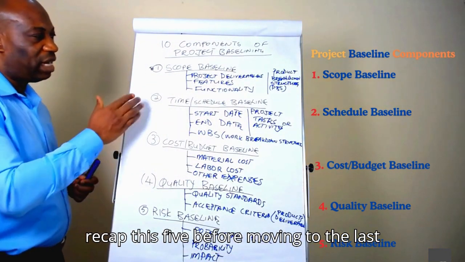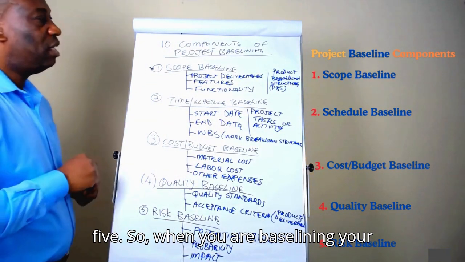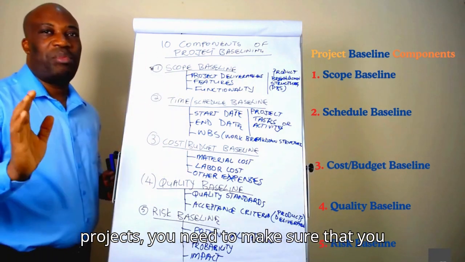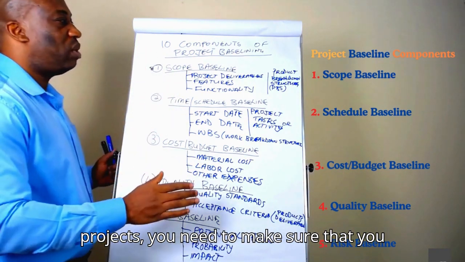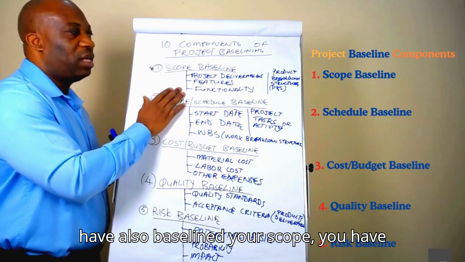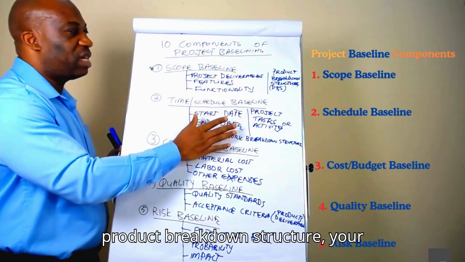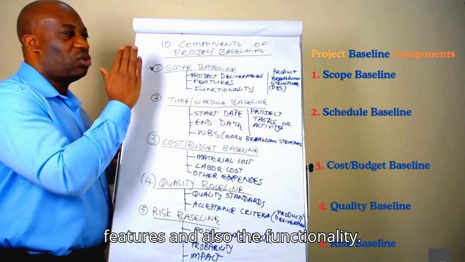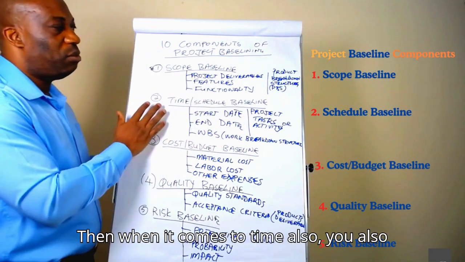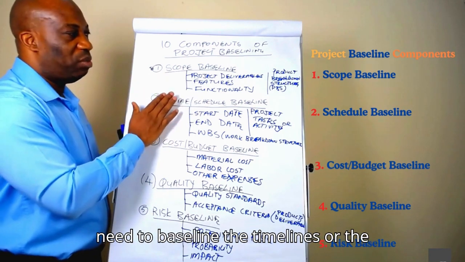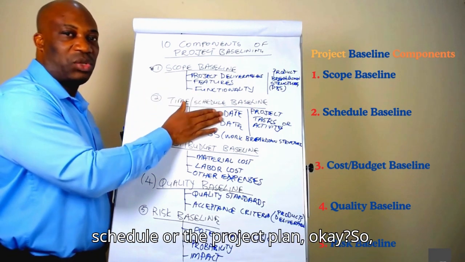So let's recap these 5 before we move on to the last 5. When you're baselining your projects, you need to make sure that you have also baselined your scope, your deliverables, your product breakdown structure, your features, and also the functionality. Then when it comes to time, you also need to baseline the timelines or the schedule or the project plan.